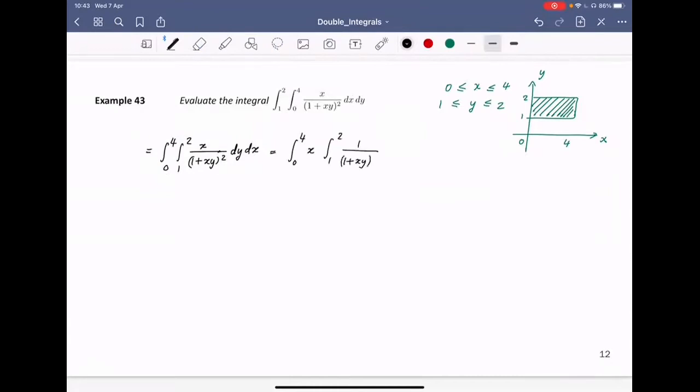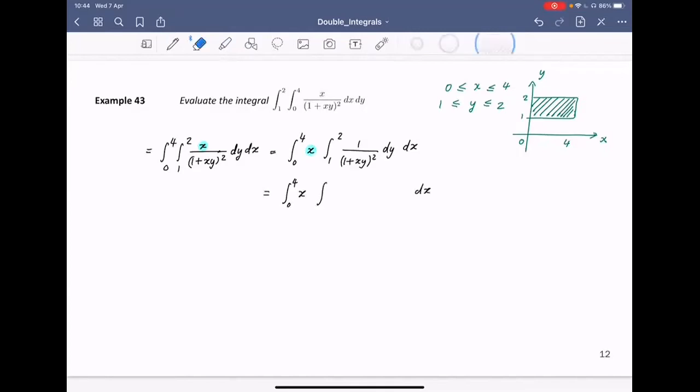I can pull out x because I integrate with respect to y. Man, I integrate with respect to y, x goes away. I just pull it outside the integration. Well, I switch the order of integration because I want my world to be easier. And then after that, I'm gonna just try to integrate inside first.